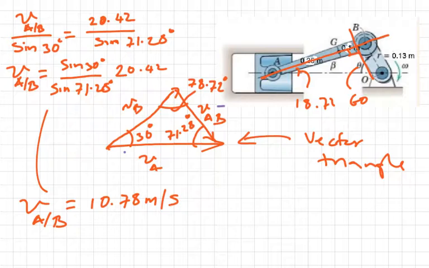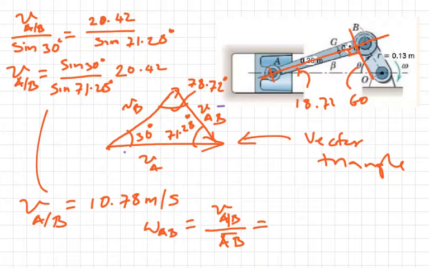We have velocity VA and we have VAB. We can then find our angular velocity omega AB, which is equal to VAB that we have computed over the line AB, which is this distance AB.